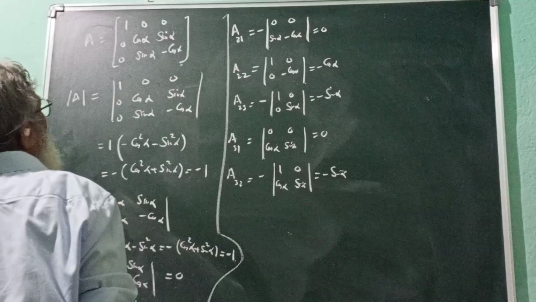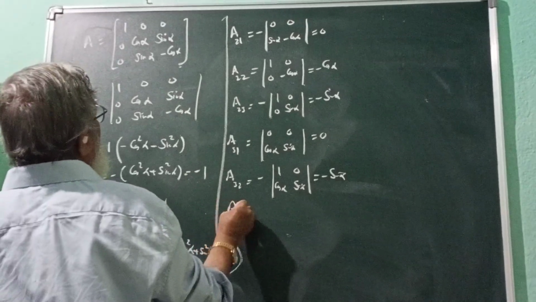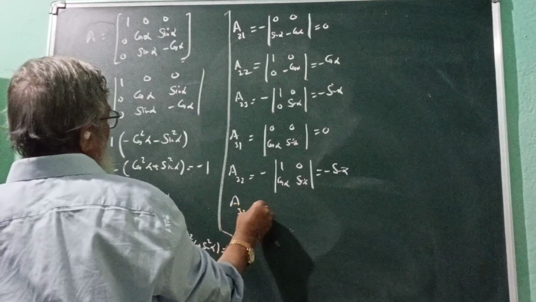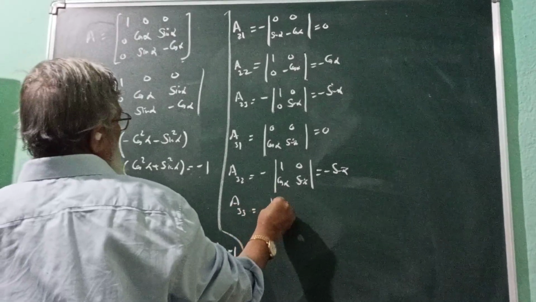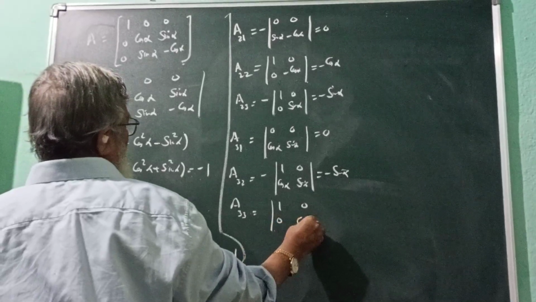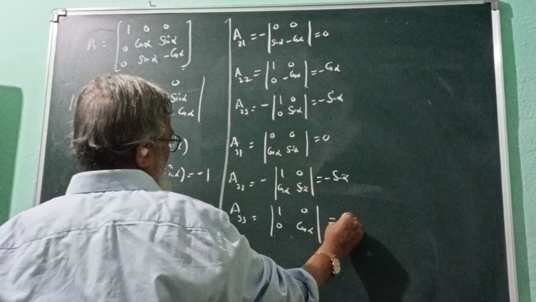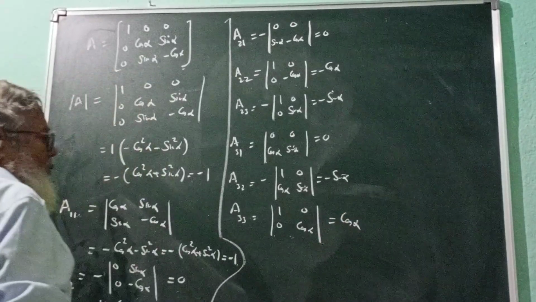Third row, third column: the sign will be plus. 1, 0, 0, cos alpha, so it is cos alpha. We got all the cofactors.